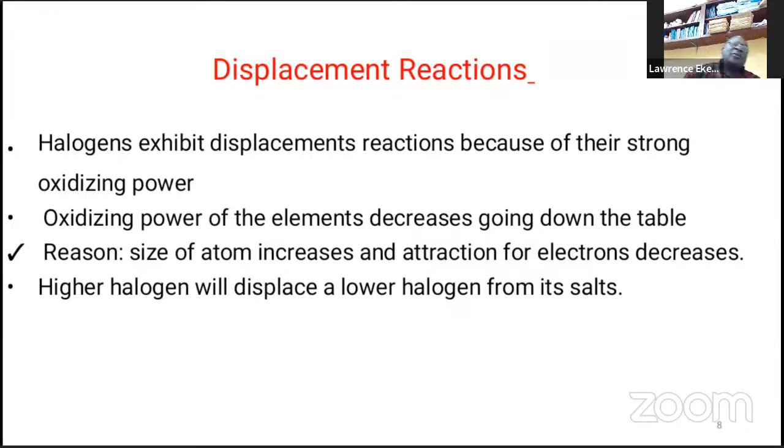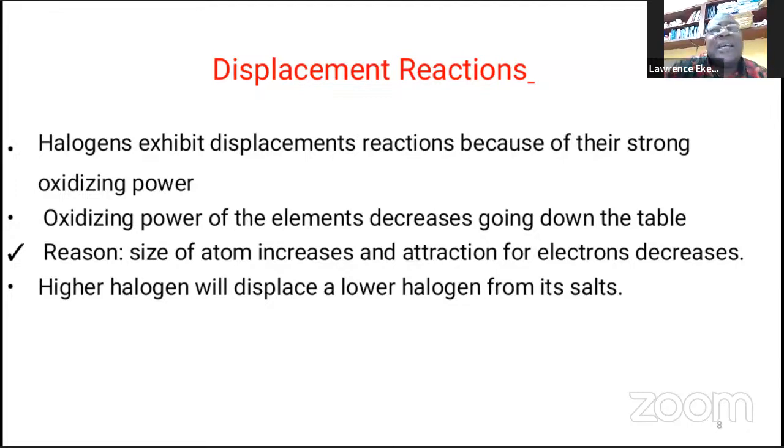Now, based on the ability of halogens to exhibit oxidizing power as oxidizing agents, they have the ability to carry out displacement reactions. I've explained that fluorine can displace chlorine, chlorine can displace bromine, and bromine can displace iodine from solution.